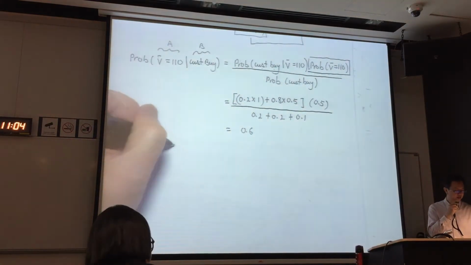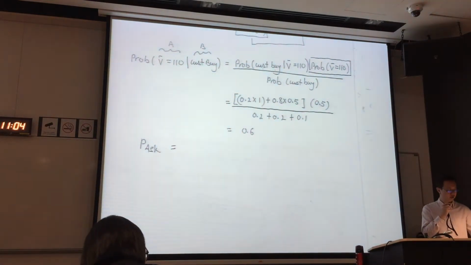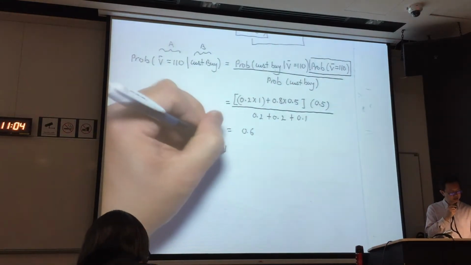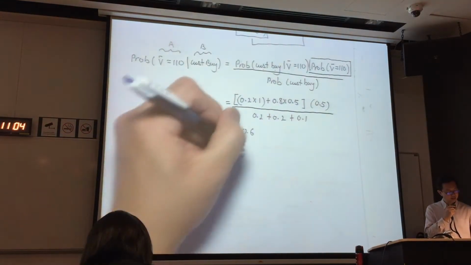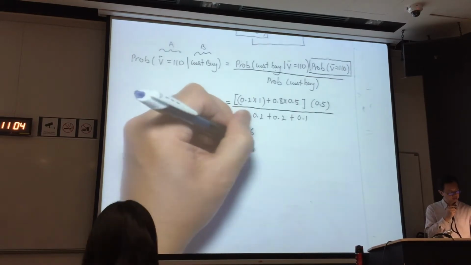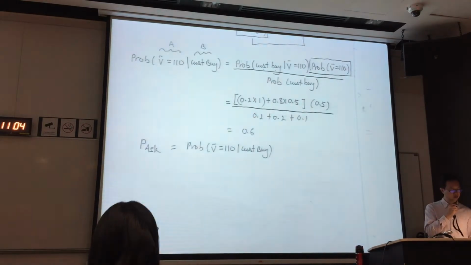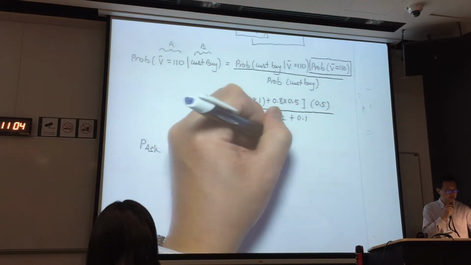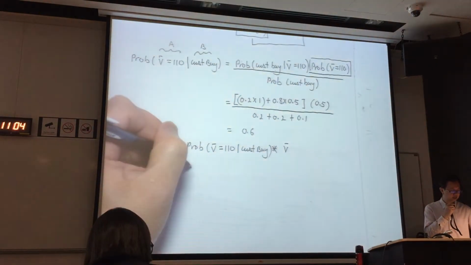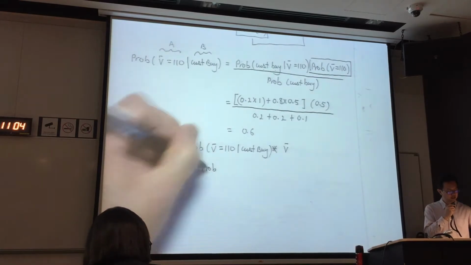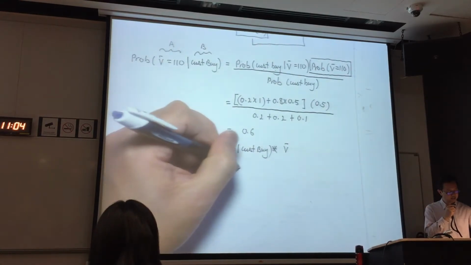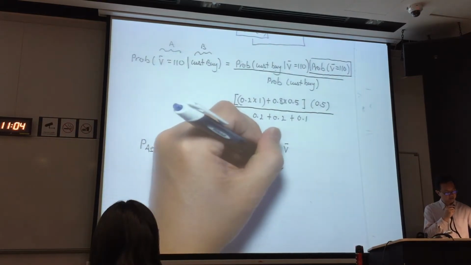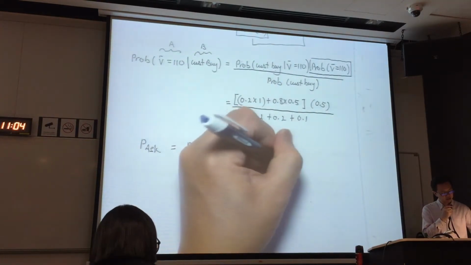So the market maker is selling. So use the probability that the value is 110, now that the customer is buying. So the revised probability you multiply by the value 110, then plus the probability that the value is low at 90, conditional on customer buying, then you multiply by the value is low.